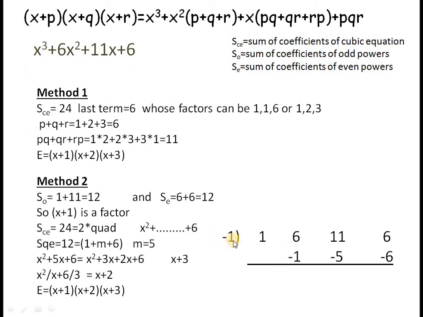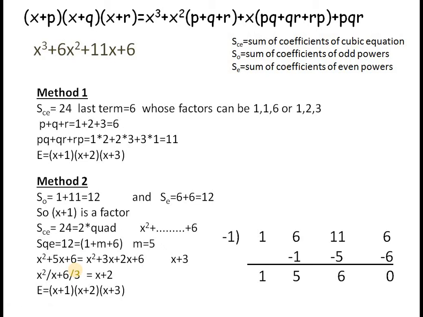Since it is x plus 1, we are going to write it as minus 1. 1 comes here, 1 into minus 1 is minus 1, 6 minus 1 is 5, 5 into minus 1 is minus 5, 11 minus 5 is 6, 6 into minus 1 is minus 6. So we got 0 here. That itself indicates that this is a complete factor of this cubic polynomial. And we got this quadratic equation x square plus 5x plus 6 also. So these are various methods to solve this simple cubic equation.